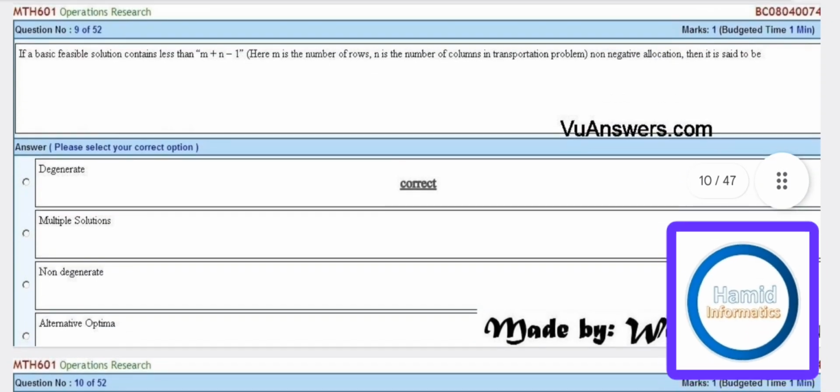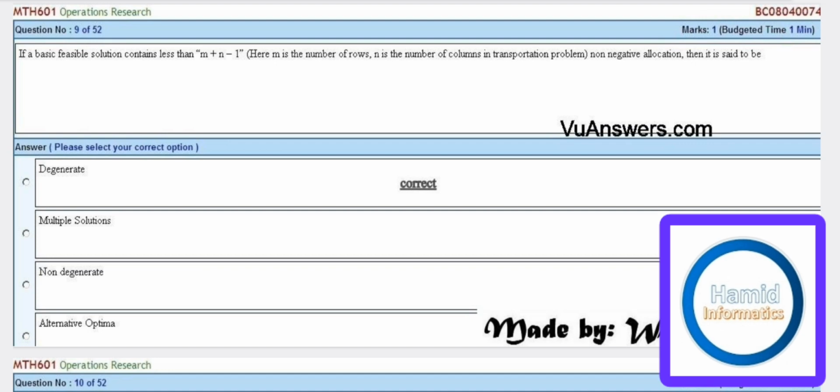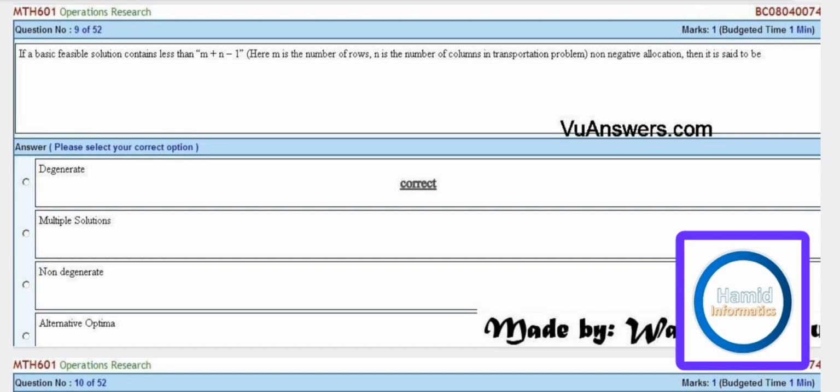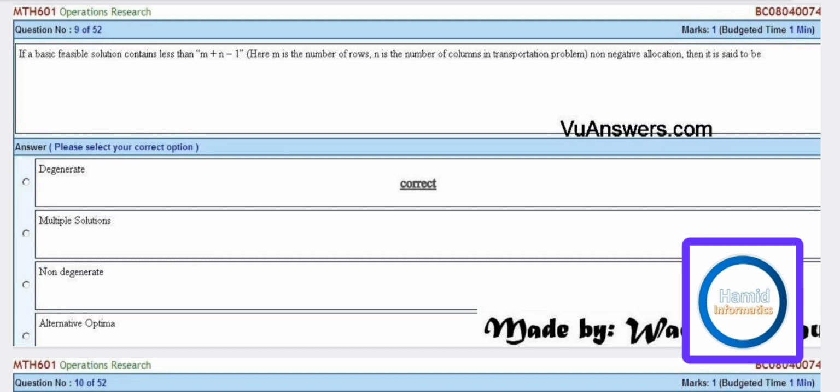Next is, if a basic feasible solution contains less than m plus n minus 1, here m is the number of rows and n is the number of columns in a transportation problem, non-negative allocation, then it is said to be degenerate.